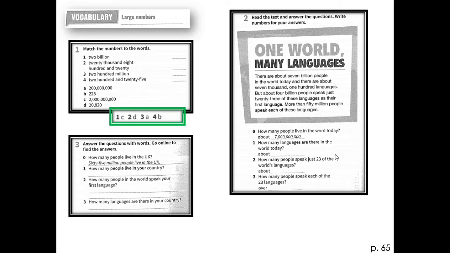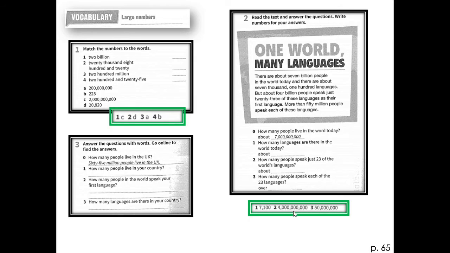Number 1, how many languages are there in the world today? The answer is given here, 7,100. So it should look like this, 7,100. Number 2, how many people speak just 23 of these languages? About 4 billion.